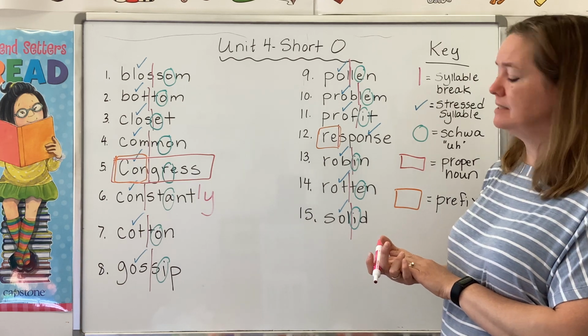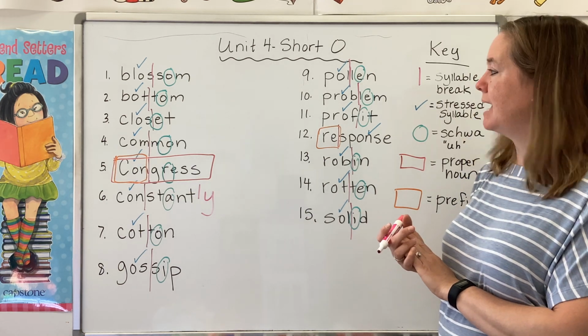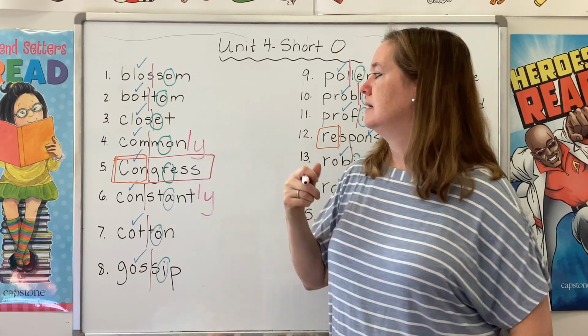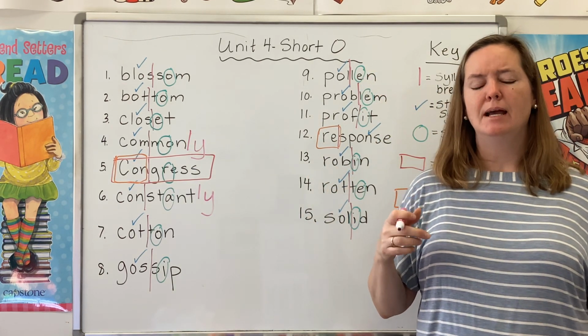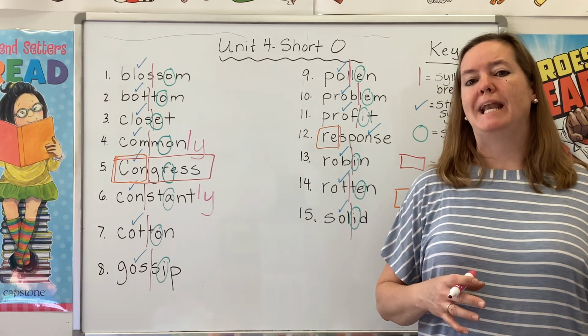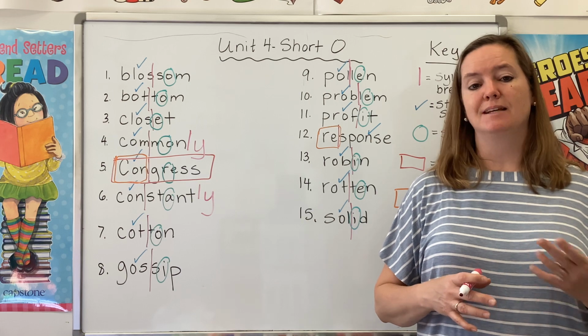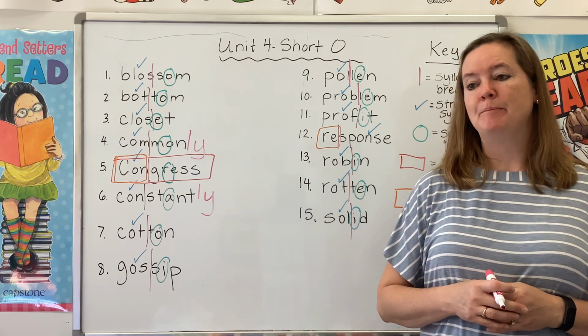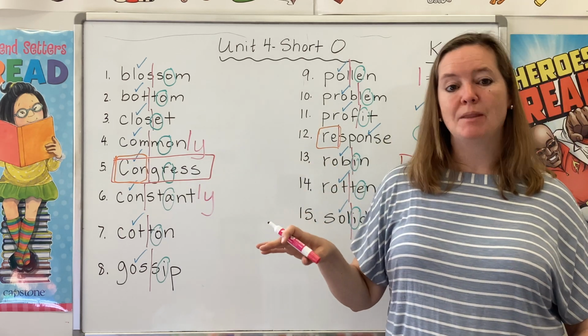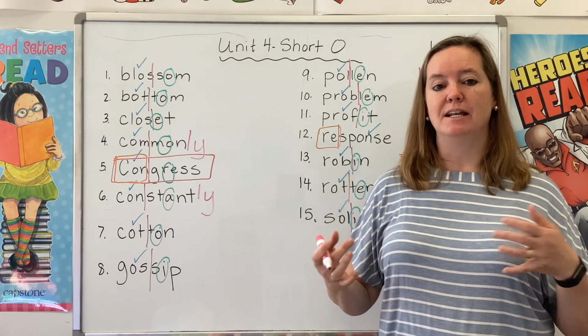I could do the same thing by adding an ly to common, right? We could talk about foods that are common or names that are common. Those are things that we hear over and over again. We could change it to commonly, and now it becomes an adverb.